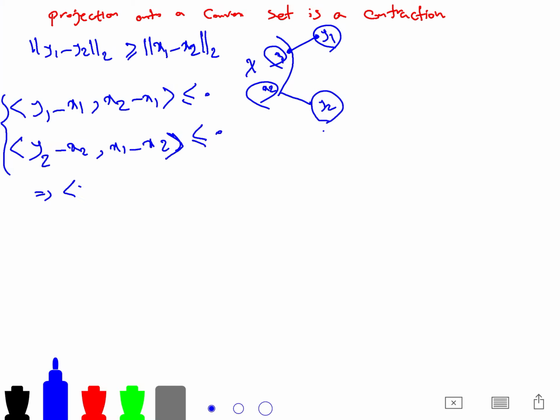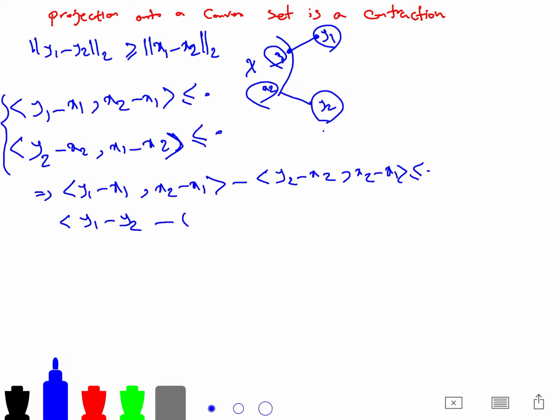We conclude that we just simplify that, and the inner product with x2 minus x1 is less than 0.